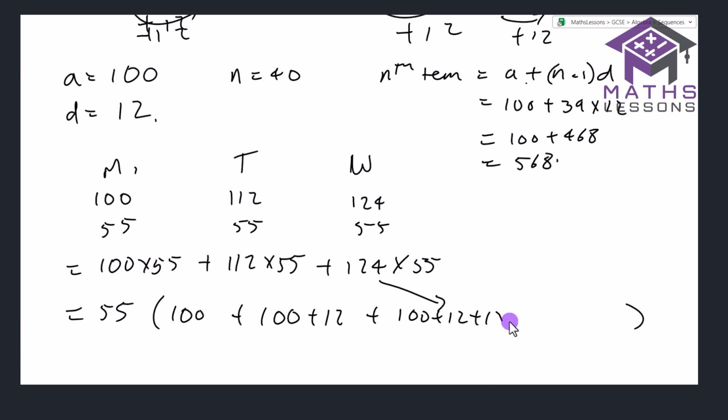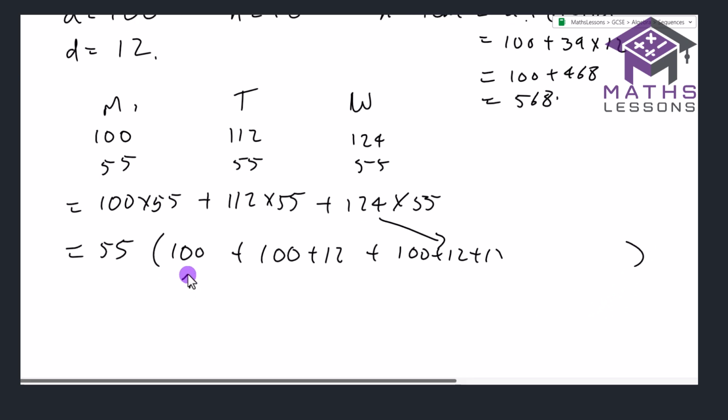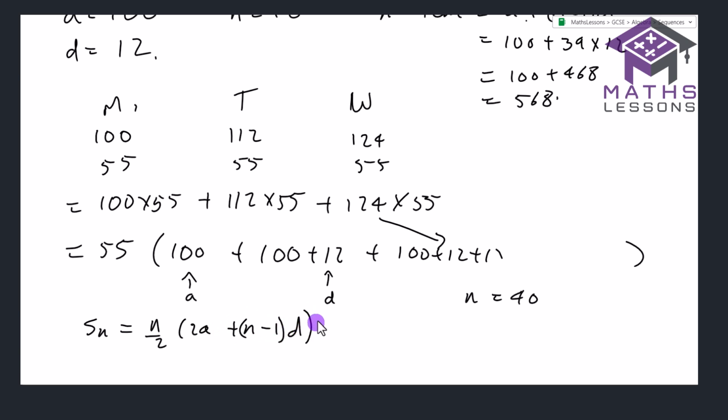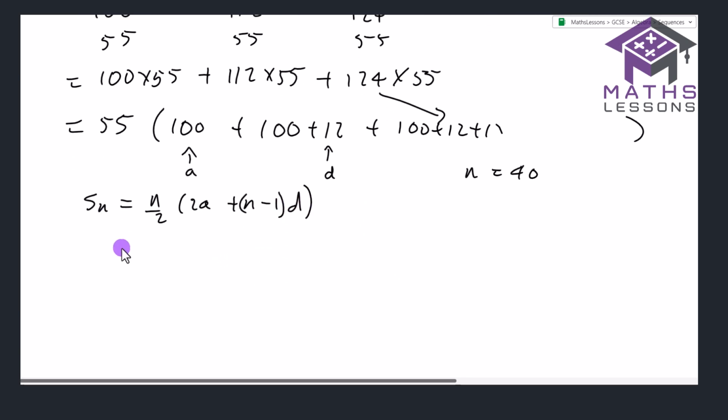We're adding up all these terms of our arithmetic series, where the first term is our a, our d is still 12, and n is still equal to 40. Now the sum of an arithmetic series is equal to n over 2 times 2a plus n minus 1 lots of d. So we put this all into our formula.